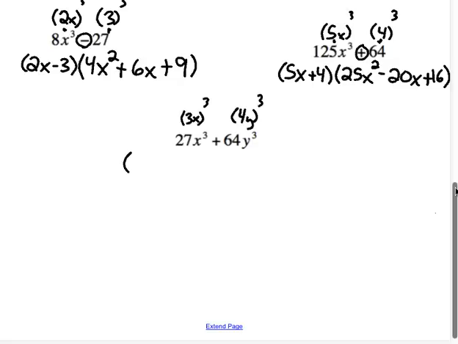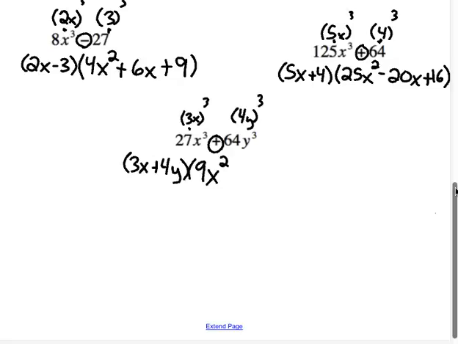So the linear piece is just those written together, 3x and 4y. Again, I know it's positive because the original problem was positive. Now to make the quadratic, well, the quadratic is always made from taking two pieces at a time. So 3x and 3x, 3x times 3x is 9x squared.